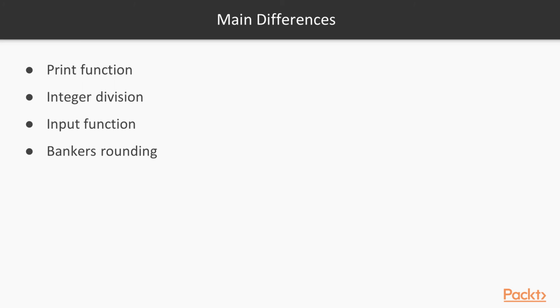But with Python 3, whenever we have a 0.5 in our decimal, numbers are rounded to the nearest even number. So if it's a figure like 16.5, Python 2 would give you 17, but Python 3 will give you 16.